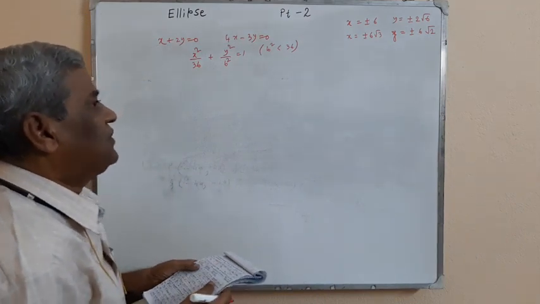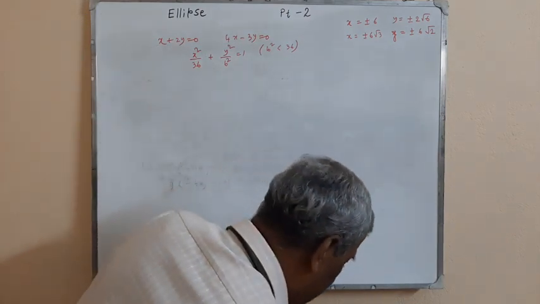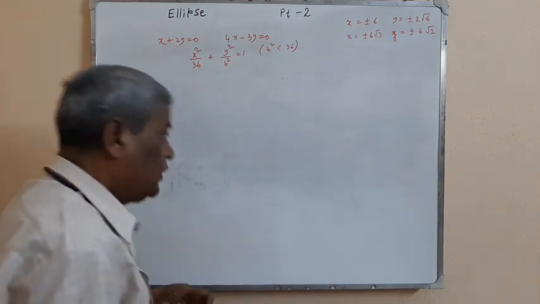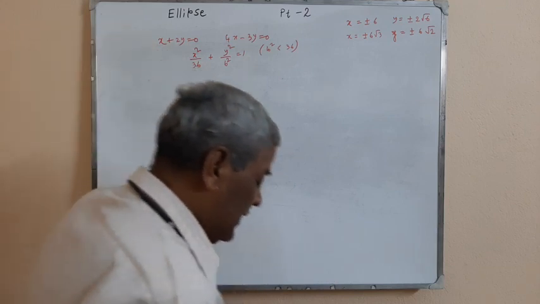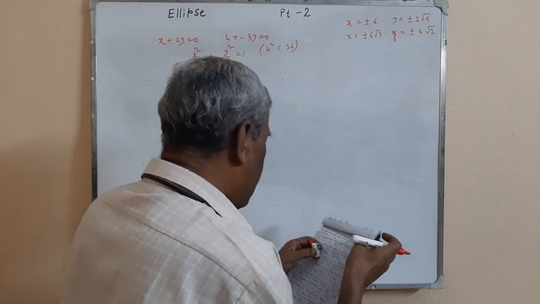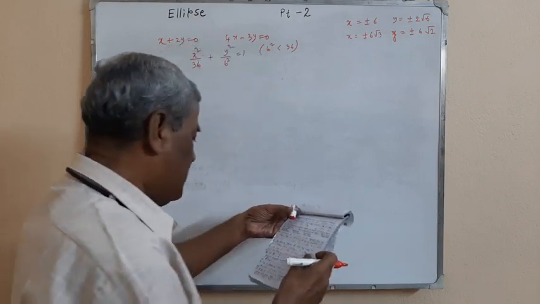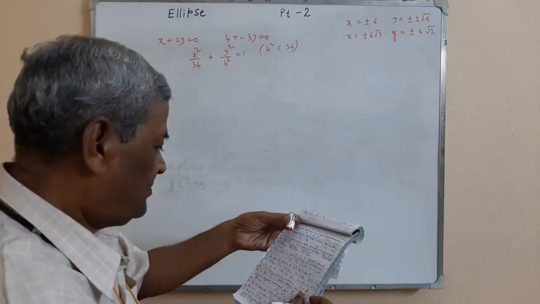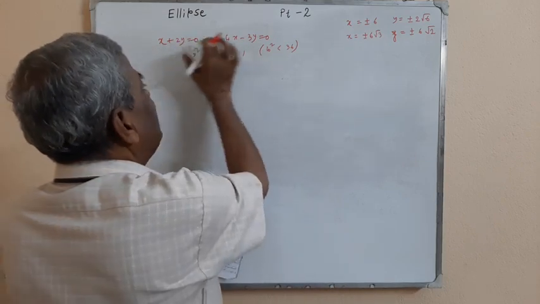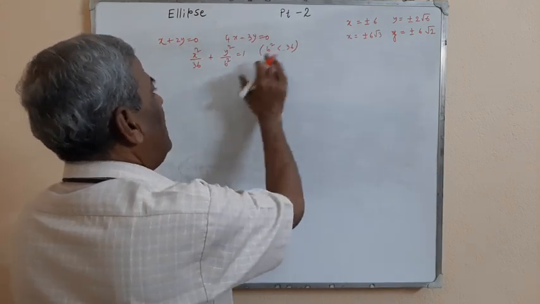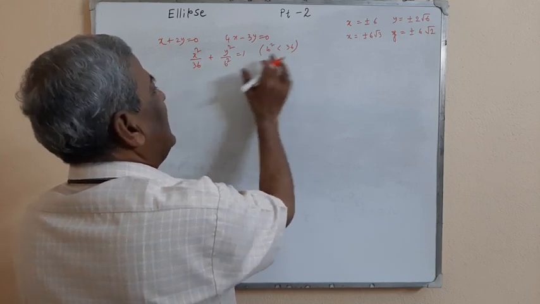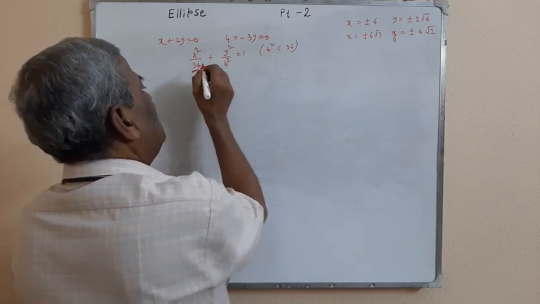These are the options. Here in this problem, there is a new term, conjugate diameters. Let us see what that is. These are two conjugate diameters of this ellipse. Here b square is less than 36, which means this is the major axis.